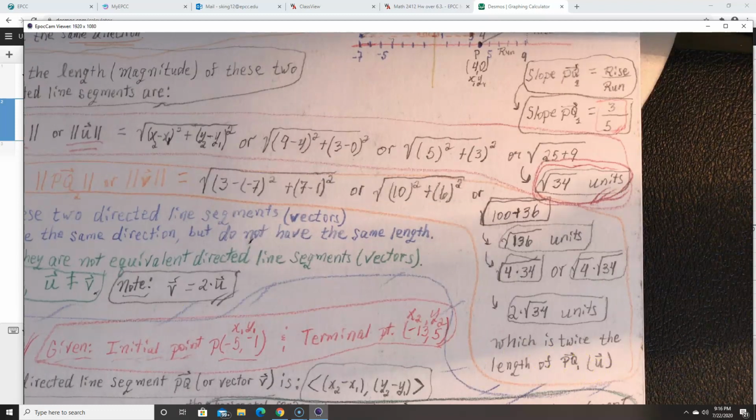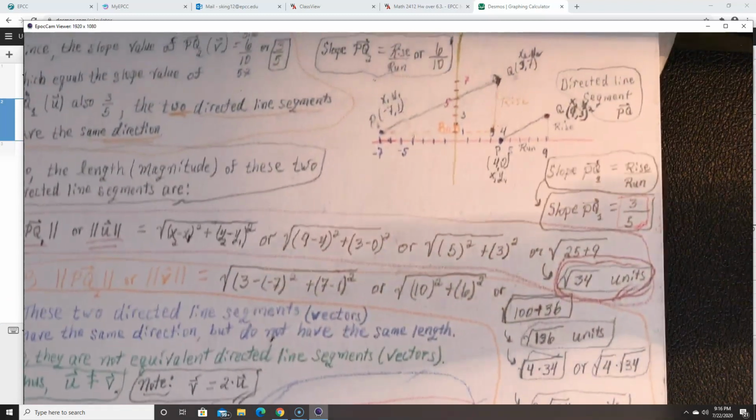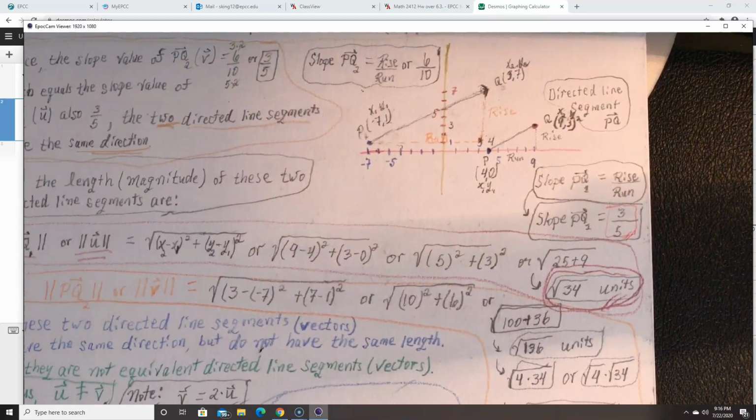Okay, so what about the slope then of this second directed line segment PQ, or we say vector V? What's the slope? Well, we need the rise and the run. Well, we already did that, because the difference between here and here we just computed when we said 3 minus the negative 7.